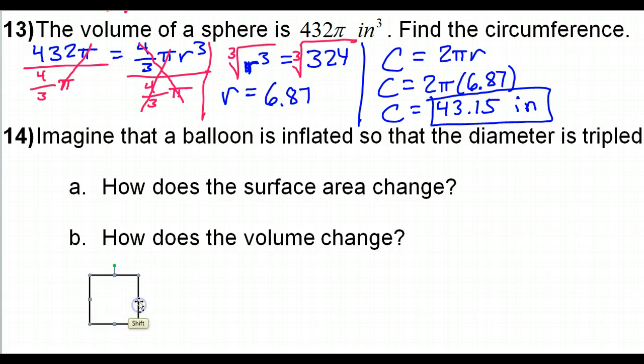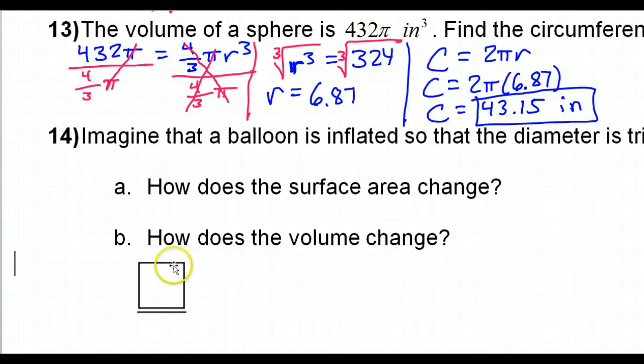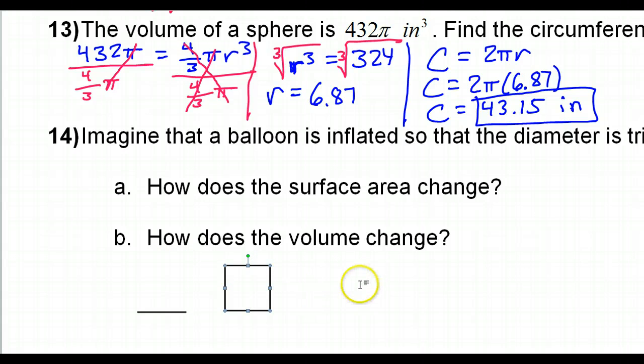I really got to make sure it's the same. Notice that the edge of this square is the same width as the segment. So I've got a square, I've got a length. So that's length, area.